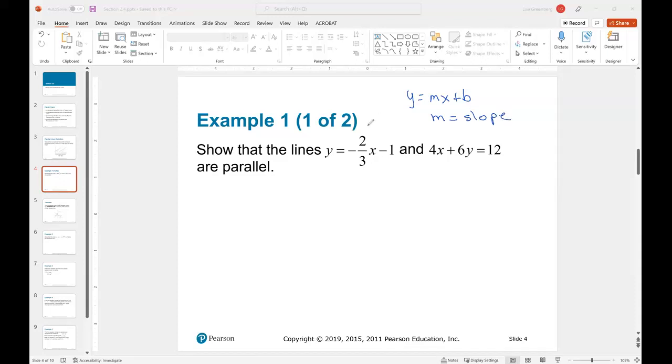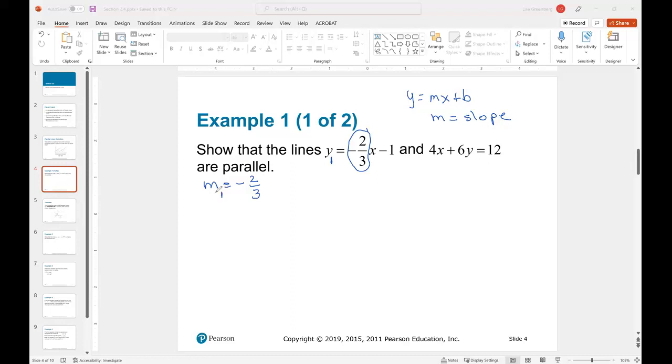So here is my slope for this line. So I have one slope here, which is -2/3. I'll call this the first slope.